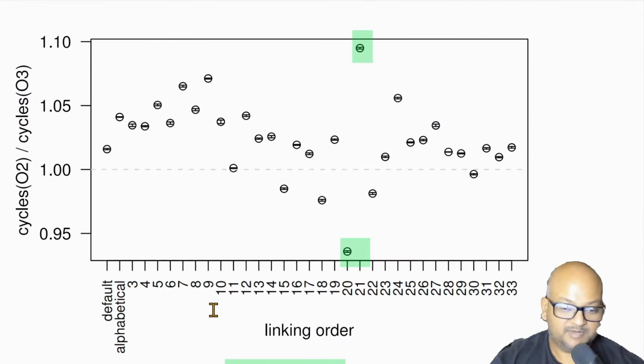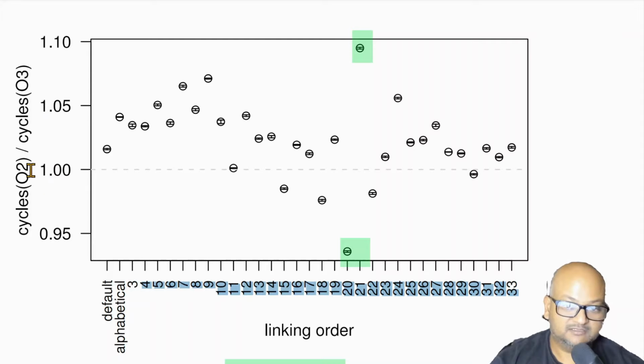The first experiment looks at linking order. And what they do is they look at the default linking order, they look at alphabetical linking order, and then they try a number of randomly generated linking orders. What you see on the y-axis is the number of cycles that the final executable runs for, and the ratio between O2 and O3.